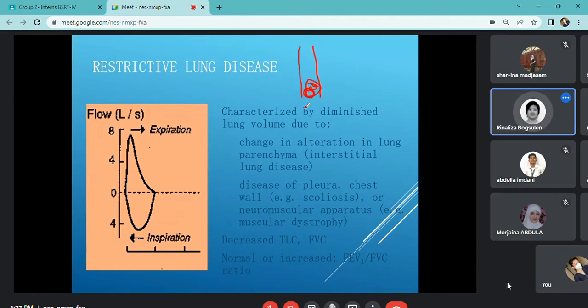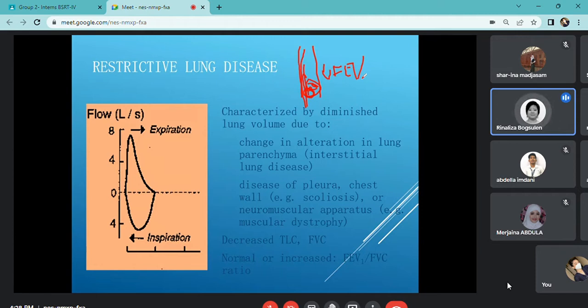So the patient will exhale forcefully, yung amount na lumalabas during the first second of your exhalation, that is your FEV1. Because of the obstruction in the airways, babagsak yung inyong FEV1. That's the reason why the value for your FEV1 in your OLD will actually be decreased.